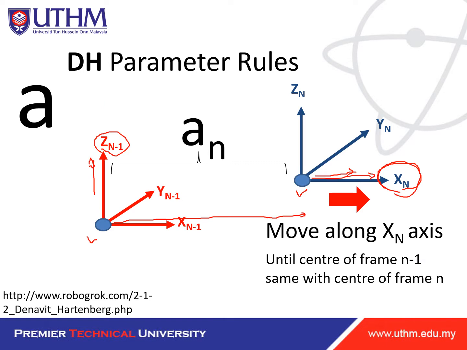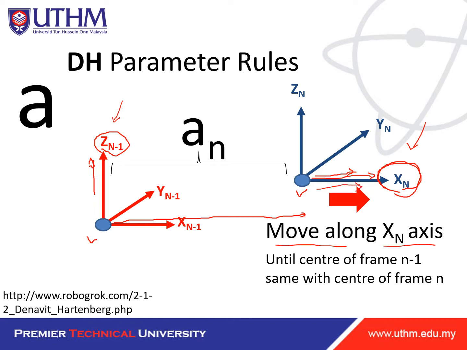Next, we want to find the parameter for an. Note that in this case, we need to move along the Xn axis. Previously we were using Zn minus 1, in this case we are using the Xn axis. So we are moving following the Xn axis. Where is the Xn axis? Here.